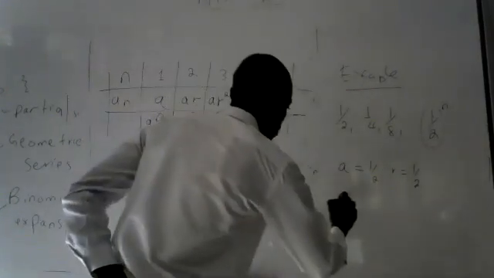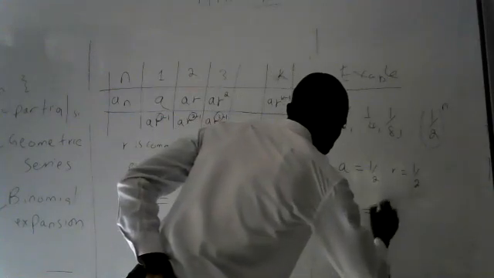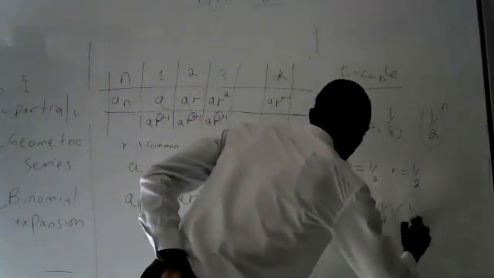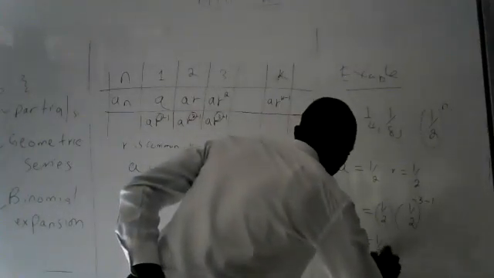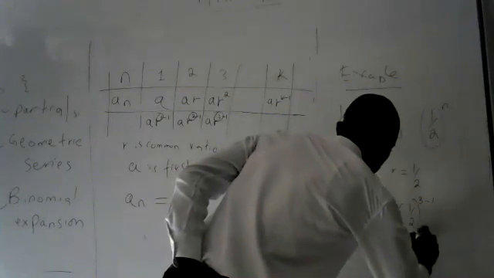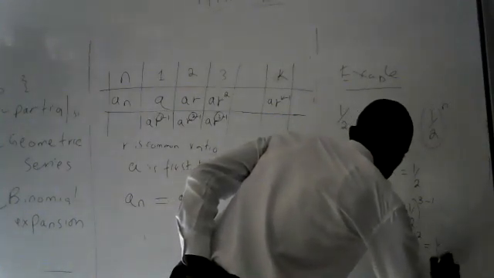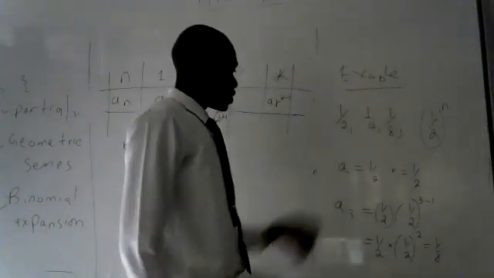The third term, A3, should be A, which is a half, times R, which is a half, all raised to n minus 1. So this should be raised to 3 minus 1, which is 2. So this should give you a half squared, and this gives you an eighth, just like we have in this sequence.